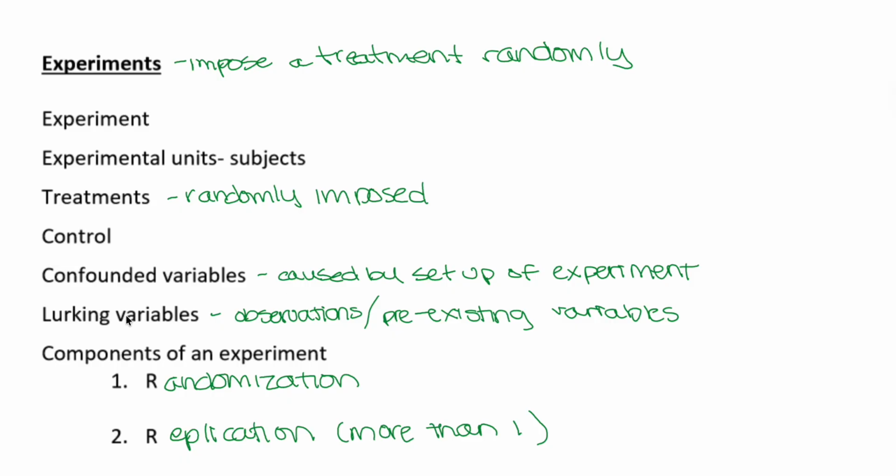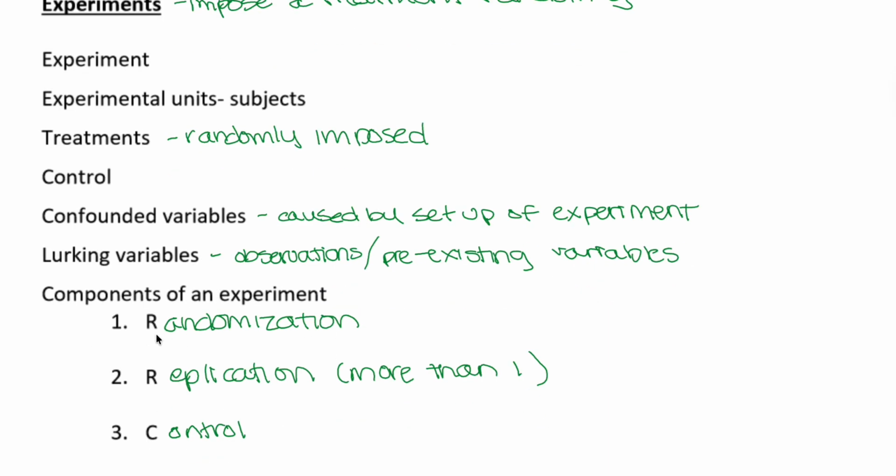Therefore, that factor becomes a confounded variable. A lurking variable, on the other hand, is a pre-existing variable, which means even though you pay attention to the little details when you're doing the experiment, you still have lurking variables. That factor you cannot change or manipulate, and that will be a lurking variable.